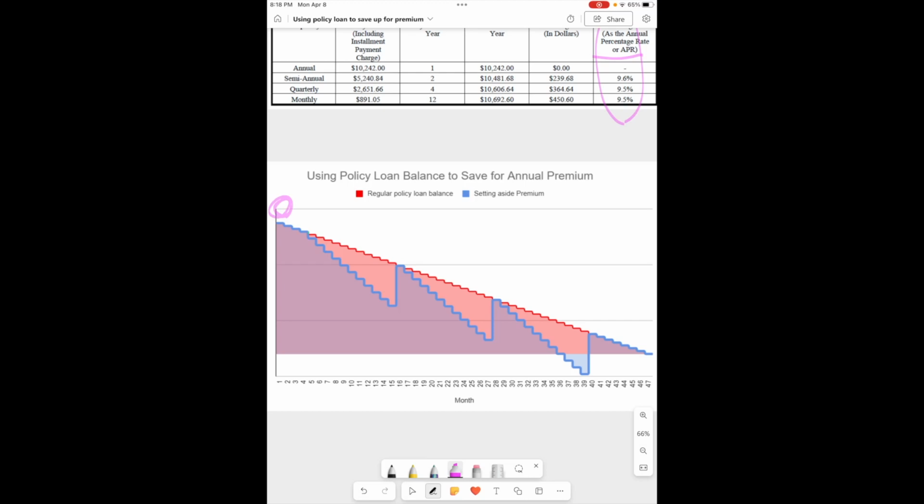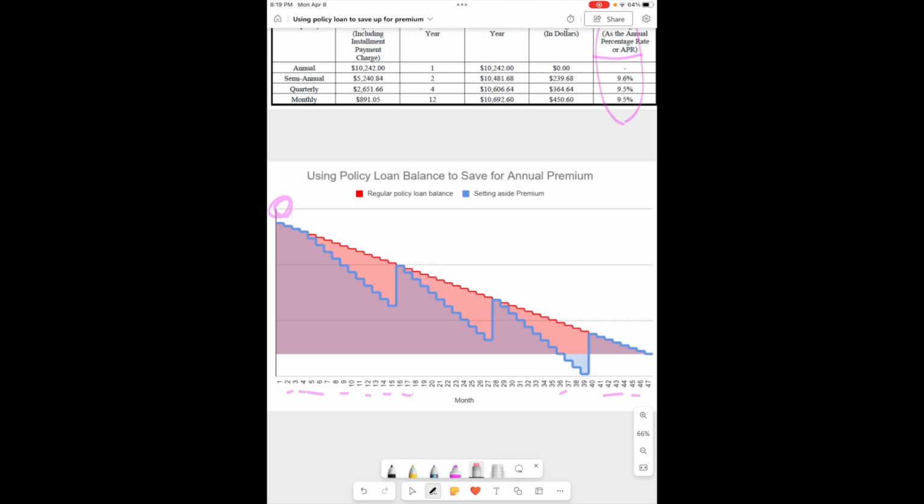It could be for anything, maybe a car that you've purchased, investment property, doesn't matter. And we expect to make regular payments back into our policy for a period, in this case, 48 months. And we can see that regular monthly payments will eventually move that balance down to zero, okay?